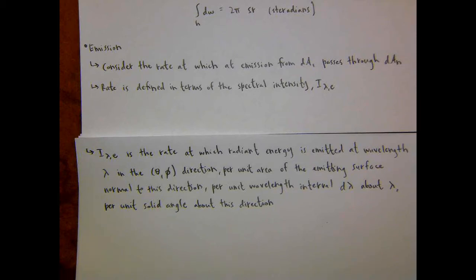But for integration, you say that your bins are just infinitesimally small. So that's why you have this per unit wavelength interval about lambda and per unit solid angle about this direction. That's just saying that you're going to integrate up over those differentially small bins of wavelength and direction.